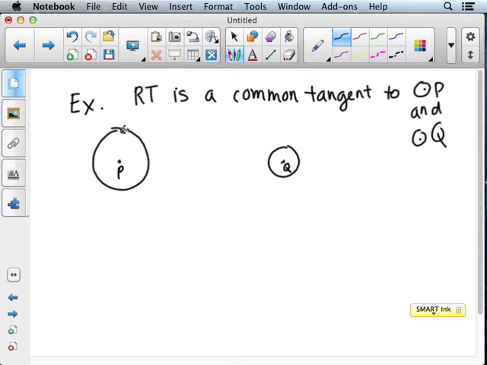So here's R, and here's T, way over here. Let's see if I can get this drawn right. Okay, and it connects the dots here, so we go connect through the center.